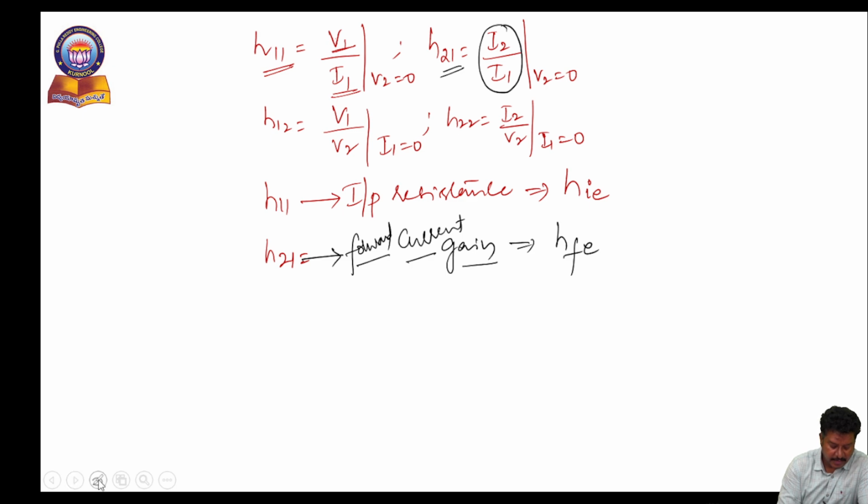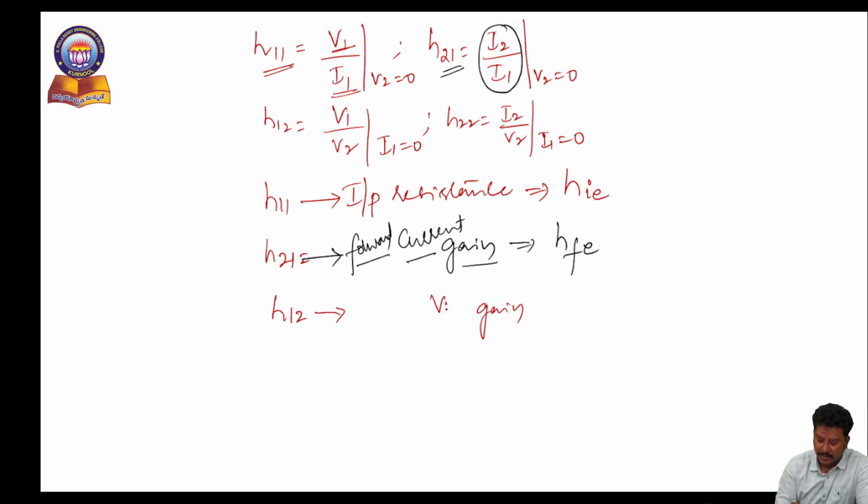Similarly, the other parameter is H12. This explains input voltage by output voltage, that is also a gain, but I am taking the voltage as the important parameter here. At the input side it is a voltage, and the output side is also a voltage only.